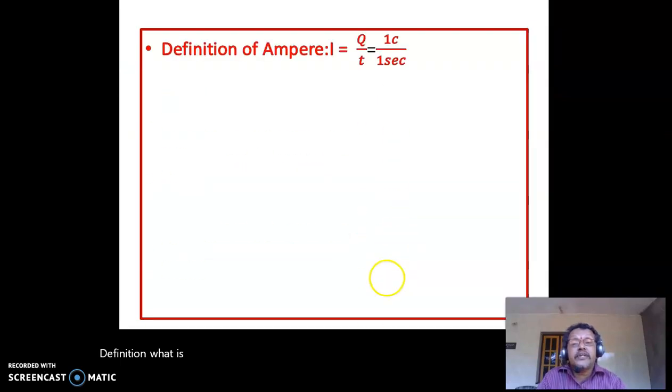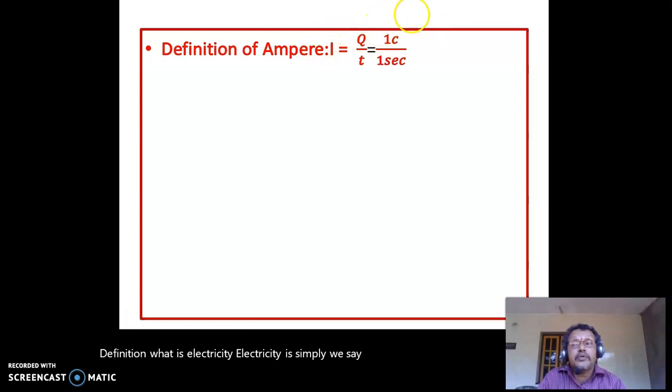So the definition of ampere. Current means the flow of electric charges in unit time. If you consider 1 coulomb and 1 second, then the current is 1 ampere. So remember, you can't learn it by heart. What is 1 ampere?